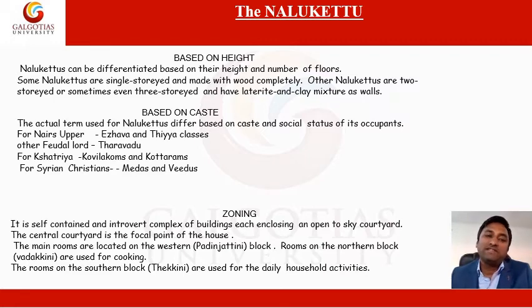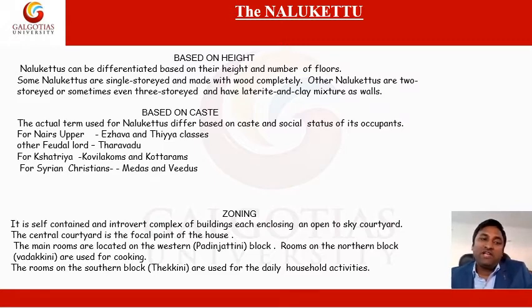Some Nalukettu are single story, made completely from wood, as we have discussed in one of the previous slides. The southern Travancore area of Kerala has some single story Nalukettus, and the Malabar has some dual story Nalukettus, and sometimes three story Nalukettus have also been constructed, with laterite and clay mixture walls.